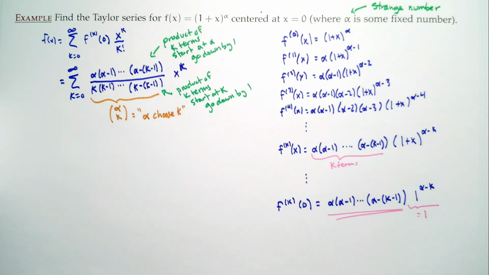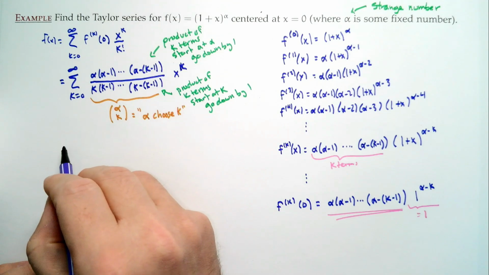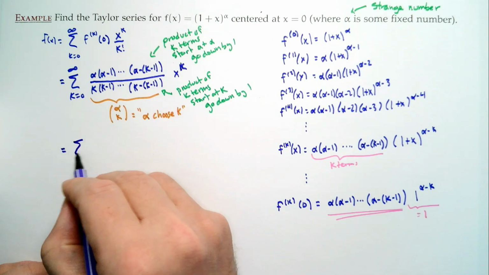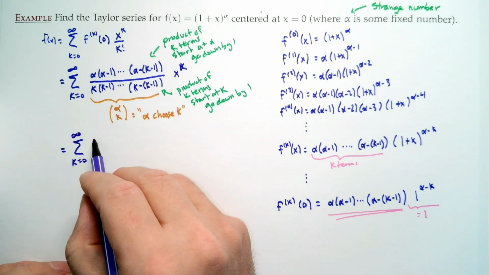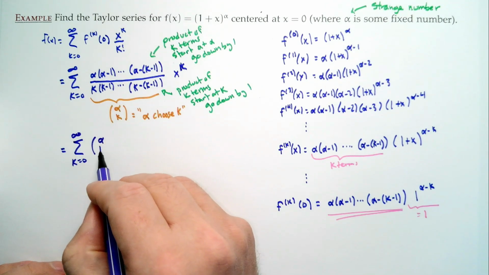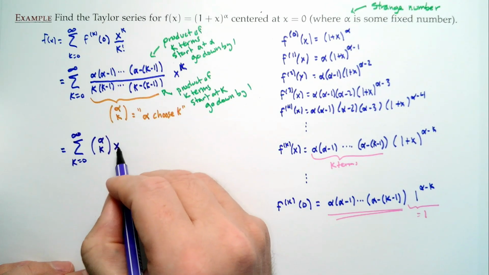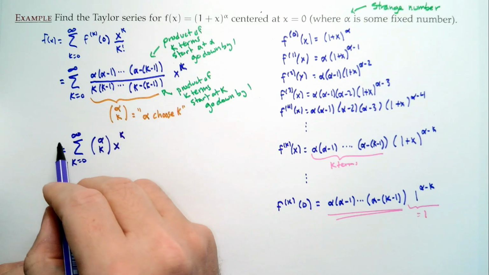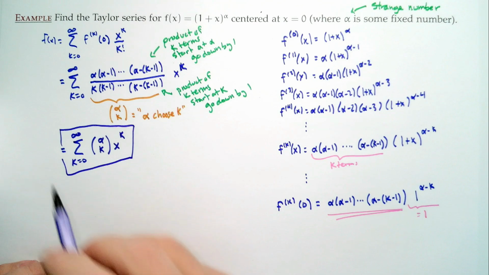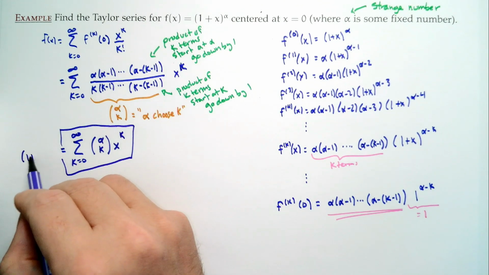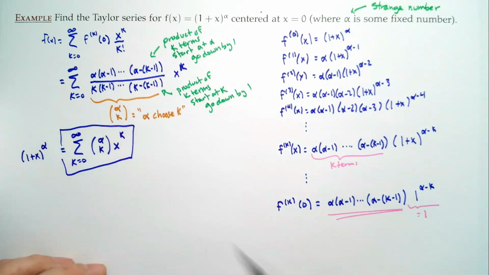All right, so our final answer is the sum, k equals 0 to infinity, of alpha choose k, x to the k. And that is our answer. And remember, that is (1 plus x) to the alpha.